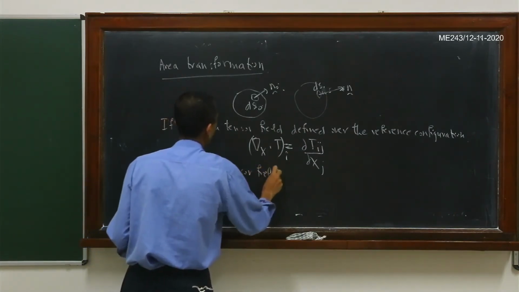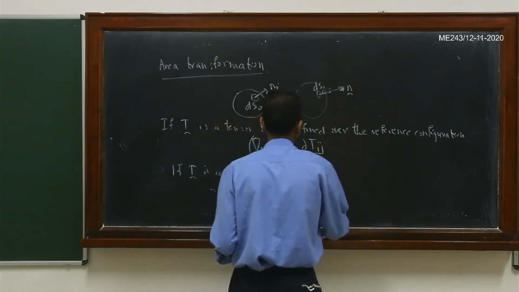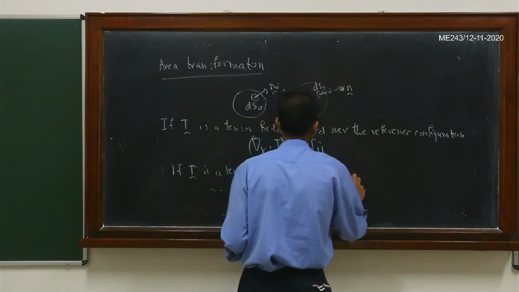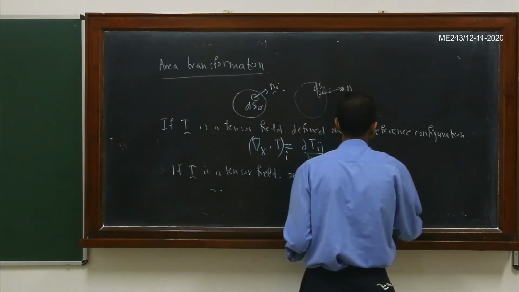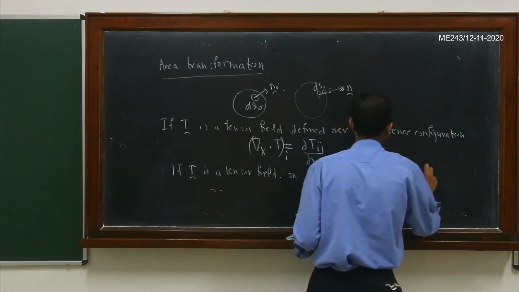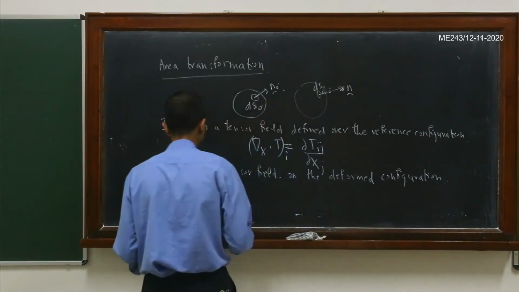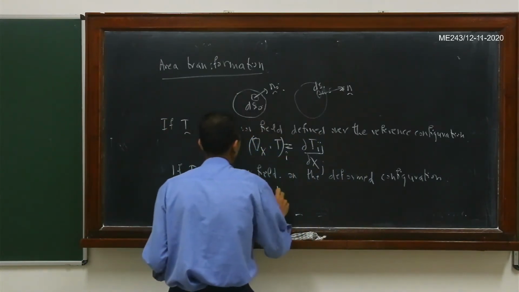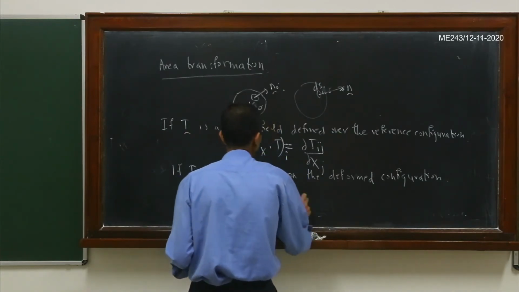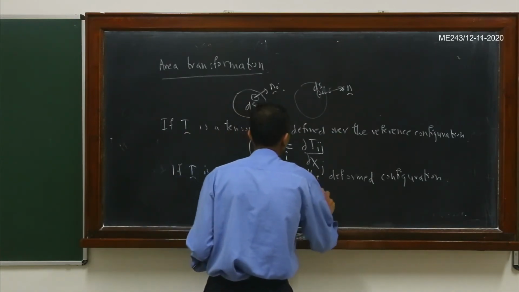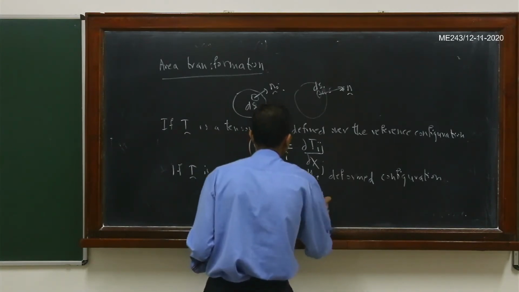then the divergence del dot tau is equal to, so again the ith component is equal to del tau ij by del xj.